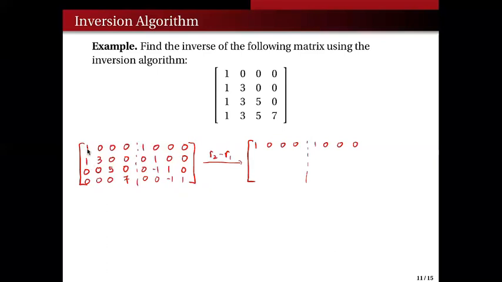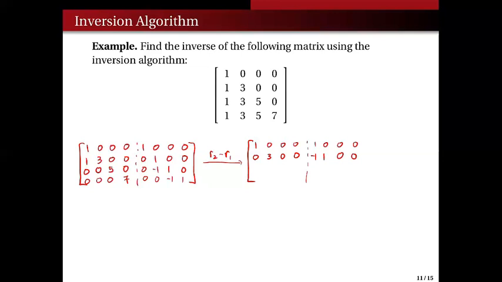1 minus 1, that's 0. 3 minus 0, that's 3. 0 minus 0, and 0 minus 0 there, it's just 0. 0 minus 1, that's negative 1. 1 minus 0, that's positive 1. And then you have your 0 and 0.